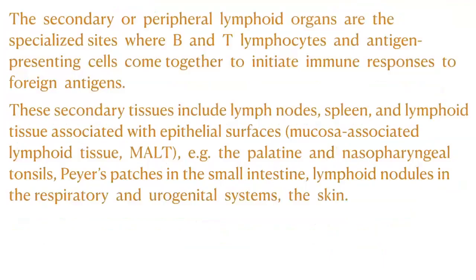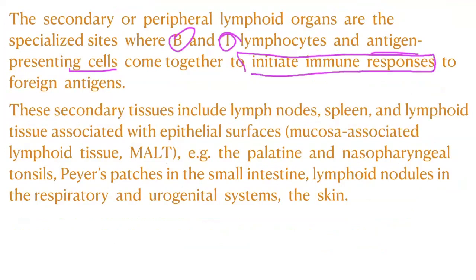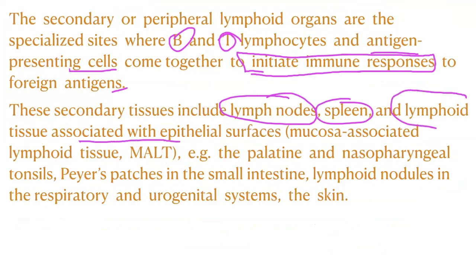So the secondary or peripheral lymphoid organs are the specialized sites where B and T lymphocytes and antigen presenting cells come together to initiate immune responses to foreign antigens, right? Remember the list: lymph nodes, spleen, and lymphoid tissue associated with epithelial surfaces.